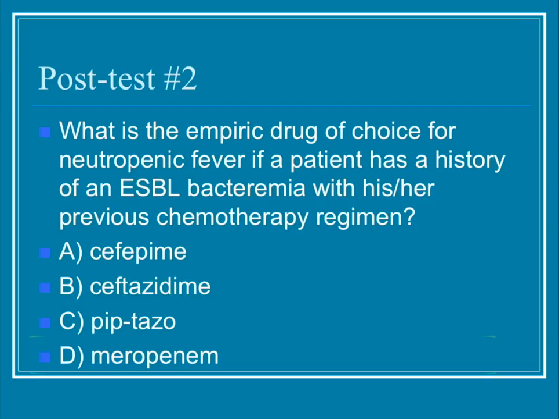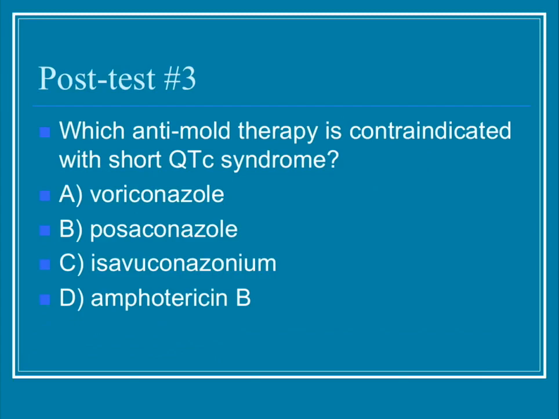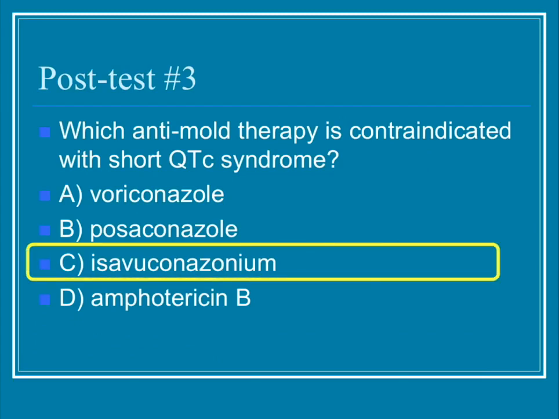This one would be meropenem, because the ESBL would eat up those other drugs, and that would not be good. I say that facetiously, of course. Which antimold therapy is contraindicated with short QTc syndrome? The idea here is isavuconazonium, also known as Cresemba.